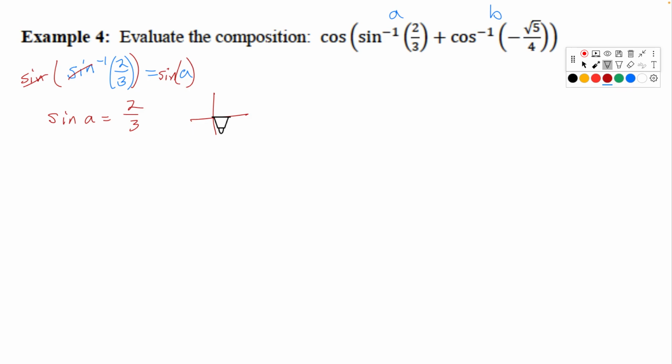So our triangle here is opposite over hypotenuse. So that's going to be 2/3. I think this will be what, square root of 5? 3 squared equals 2 squared plus adjacent squared.